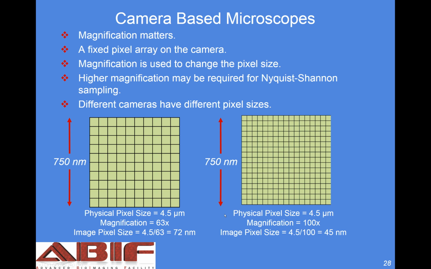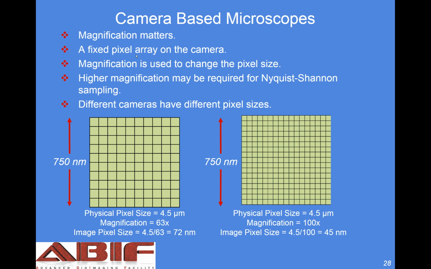So choosing a lens for a camera-based microscope is a little bit different than choosing a lens for a laser scanning confocal. So for camera-based microscopes, this would include wide-field microscopes, spinning disc, even super-resolution microscopes tend to use cameras. You have a fixed pixel array.